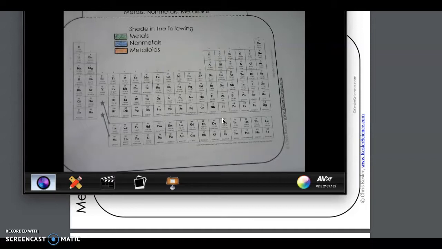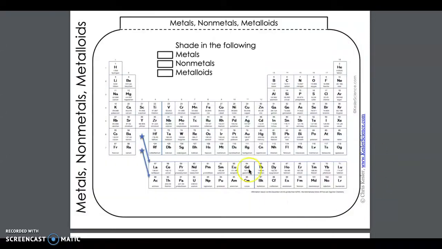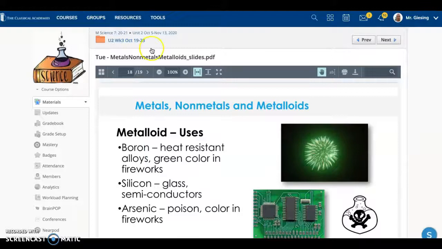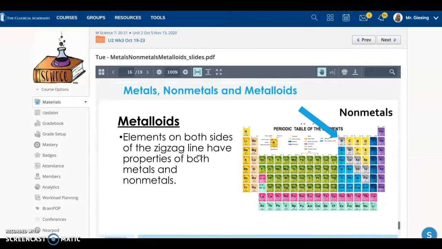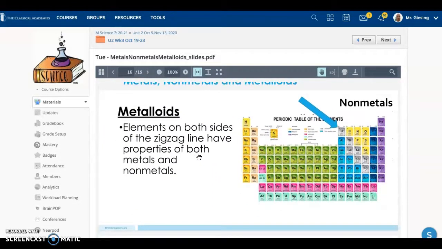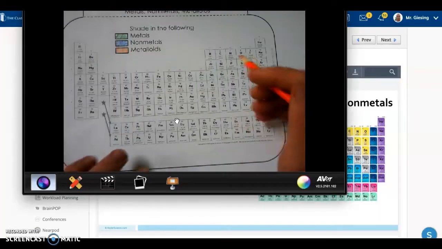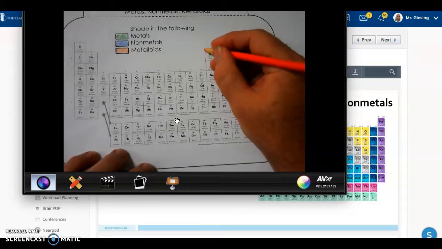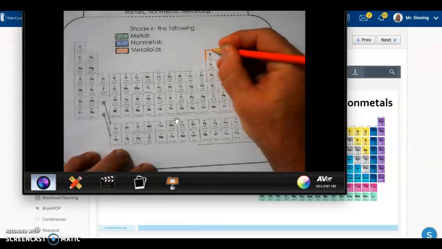So if we go back to our slides in Schoology, we'll look at a periodic table. The gray ones that you see there, right here, are the metalloids. So we're going to fill those in on our periodic table. So I chose orange for metalloids.